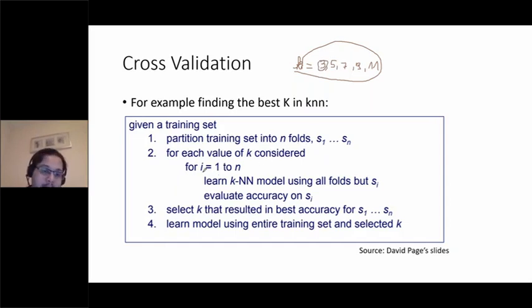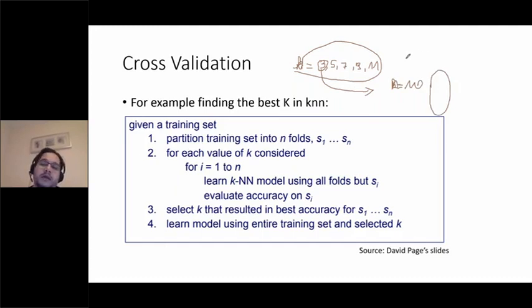And we start for i equals 1 to n, where n is the number of divisions. For each portion of the data set, we learn a KNN model using all the other folds. So we use K equals 3, with n equals 10, and we do the cross-validation. We end up with an accuracy measure.